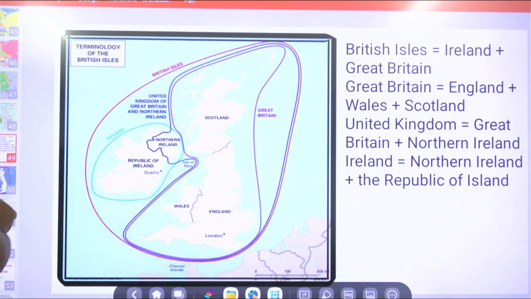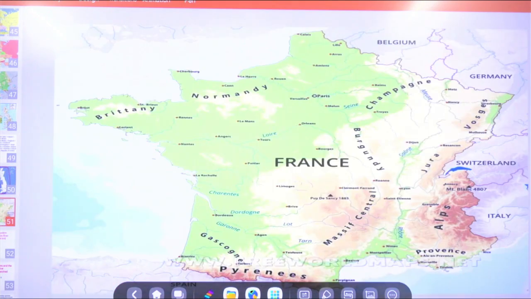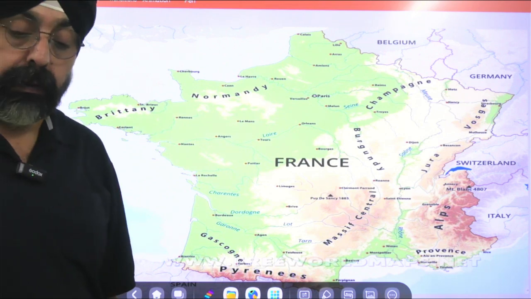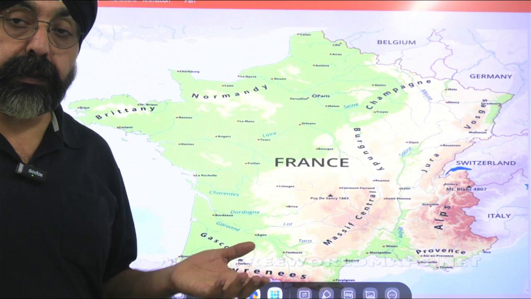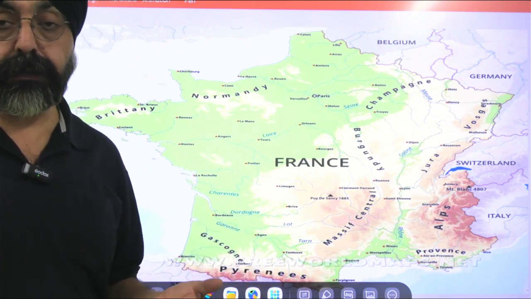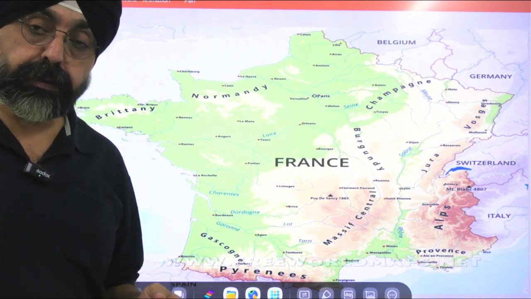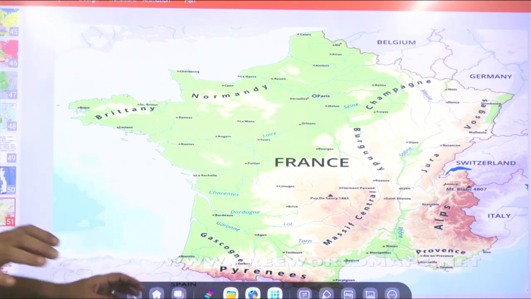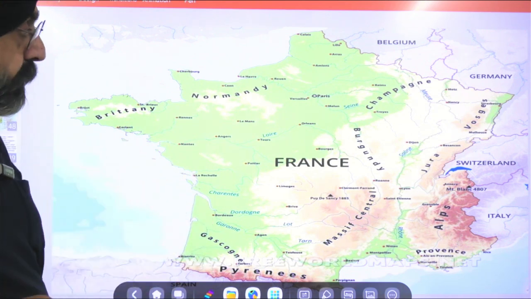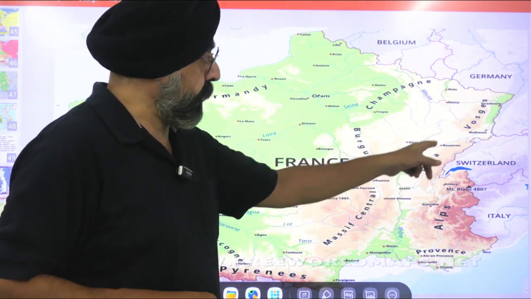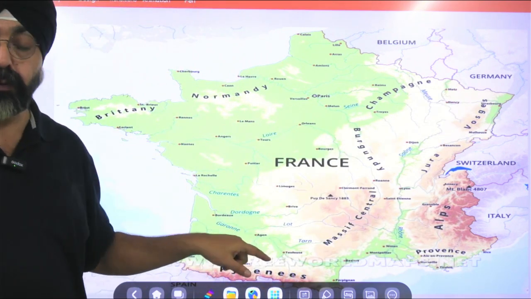Now let's see. Similar kinds of maps are given here also that you can compare. And this is the beautiful map of France. The doctrine of natural frontiers: a country that believed that the frontiers are safe if these are natural frontiers. Some rivers, some deserts, some mountain system, some forest. And this country had no belief in man-made boundaries, the superimposed boundaries. Here you can see Jura Mountains, Vosges, Alps, and the Pyrenees Mountains making the boundaries.